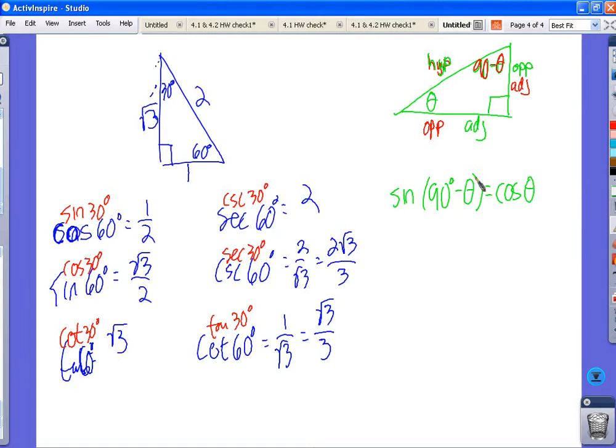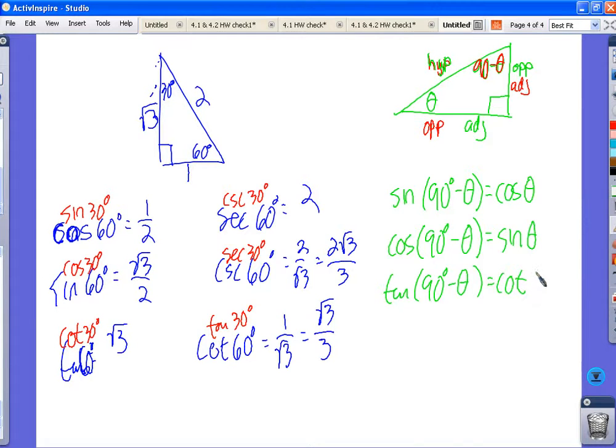You can see that here. The sine of 90 minus theta, that's opposite over hypotenuse. Well, that's the adjacent for the theta. Adjacent over hypotenuse, that makes the cosine. The cosine of 90 degrees minus theta, that's the sine of theta. The tangent of 90 minus theta is the cotangent of theta.